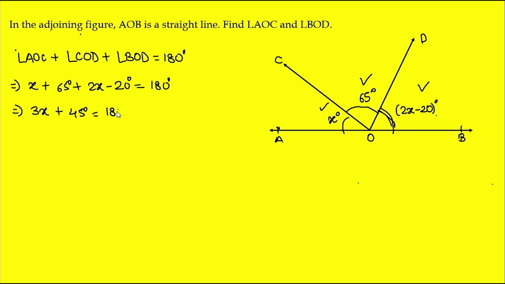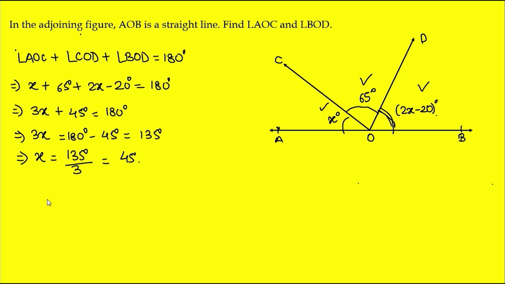So this makes us 180 degrees. So 3x equals 180 degrees minus 45 degrees, that is 135 degrees. So x is 135 degrees divided by 3, that will give you 45 degrees.